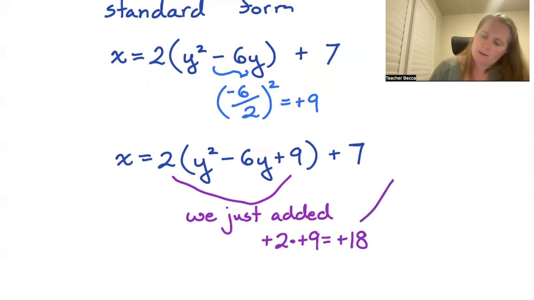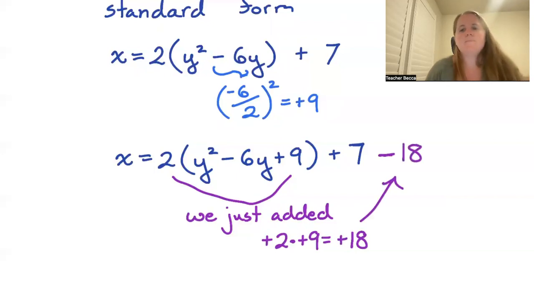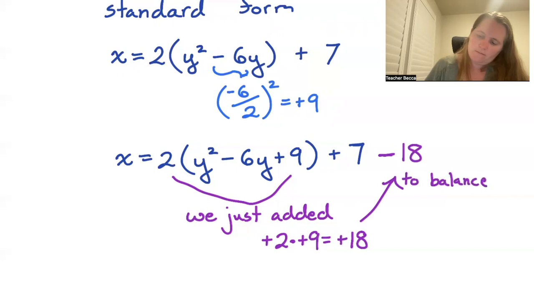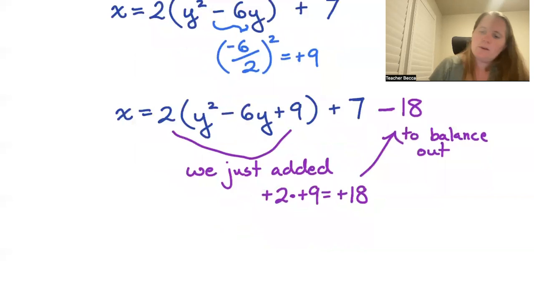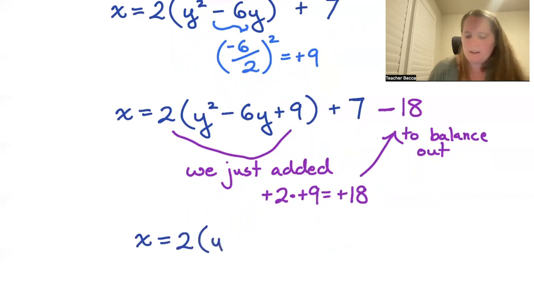And so that means that we have to subtract 18 to balance out. So we have then that x is equal to 2 times y squared minus 6y plus 9, which is just y minus 3 squared. Then we have a plus 7 minus 18, which becomes a minus 11.